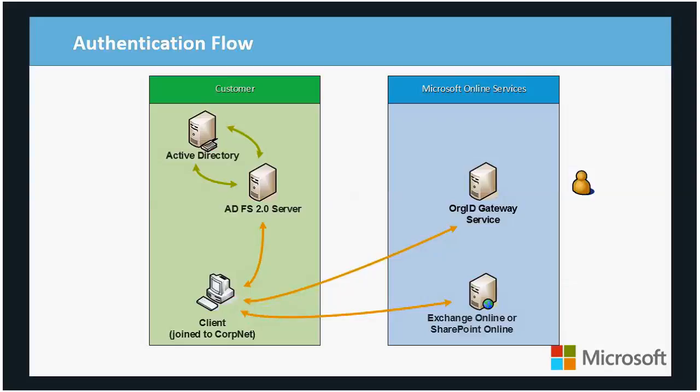I need to authenticate myself. Please, can you do that? And Azure Active Directory would like to do that, but it sees in the instant that this user is a federated user. So it would say to the browser, hey, I would like to authenticate you, but I cannot do this because this user is federated. Please check with your ADFS server.